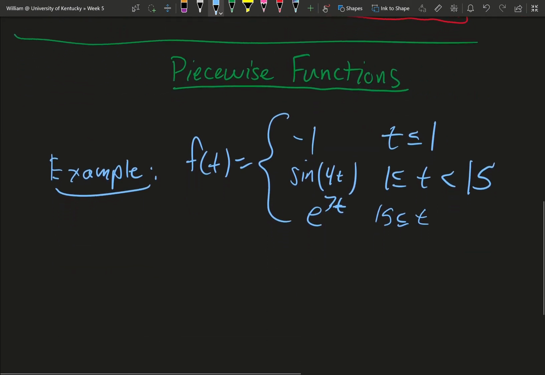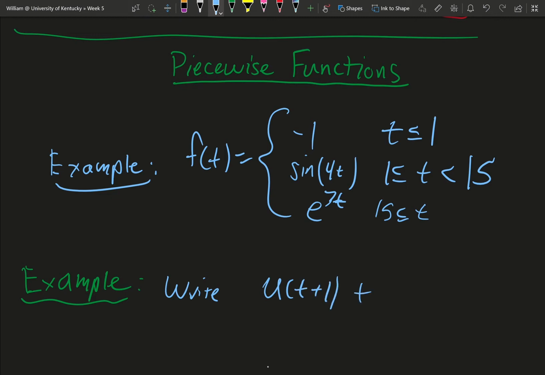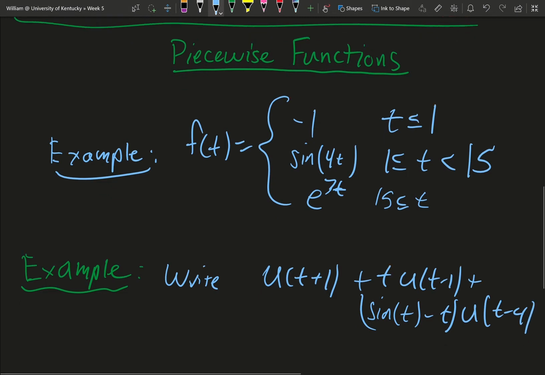So when we compute the Laplace transform for these guys, what we're going to want to do is rewrite them in terms of Heaviside functions. To get an idea of how we might do that, let's actually do the opposite. Let's write down a sum of Heaviside functions in terms of a piecewise function.